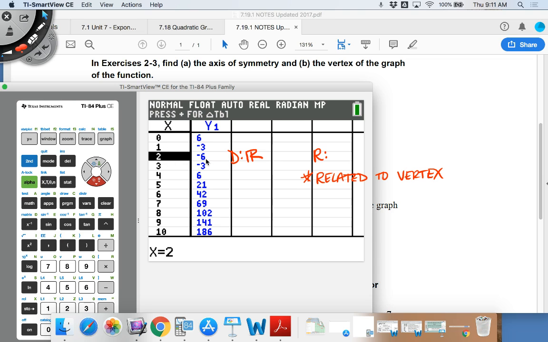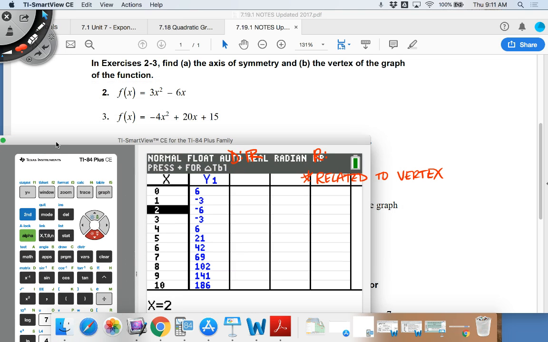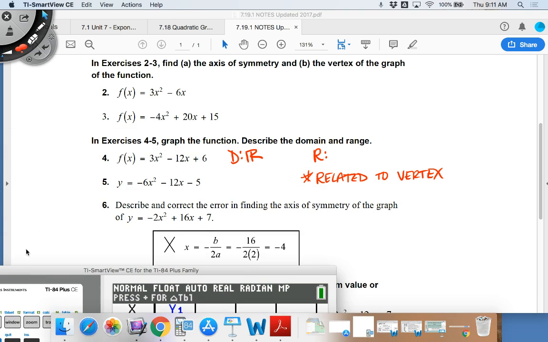So in this case, our vertex is (2, -6). So what you're going to notice is, remember, range are the y's. So our range in this case is all the y's that are greater than or equal to -6, because it's going up forever from -6 on.